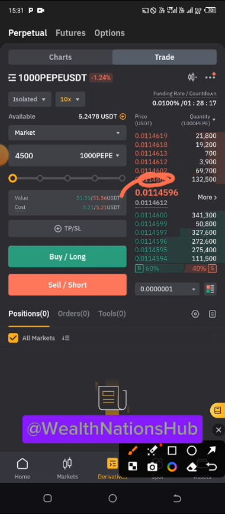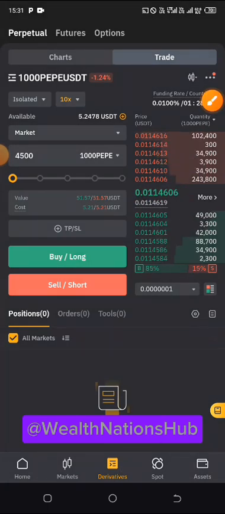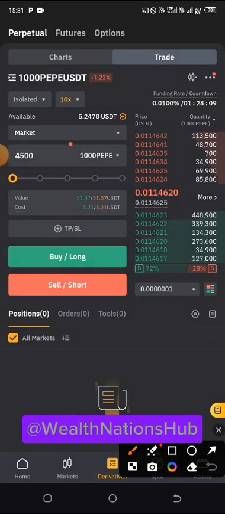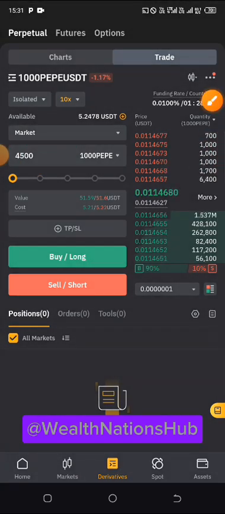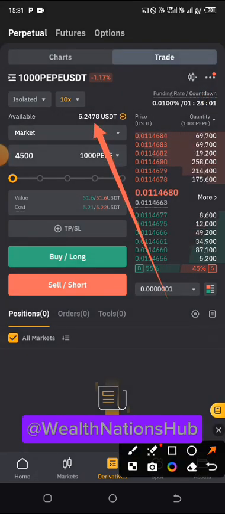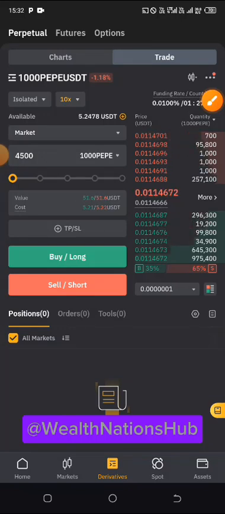Now, as I said, when you are on the market order, you are using the current price of the market here. This is the market order price, so you don't need to write the price of this coin. If you are using the entire portfolio here, you can see 5 USDT.